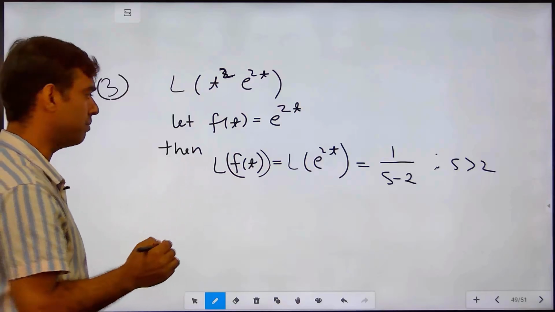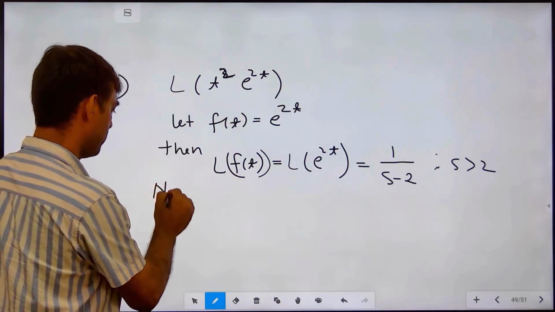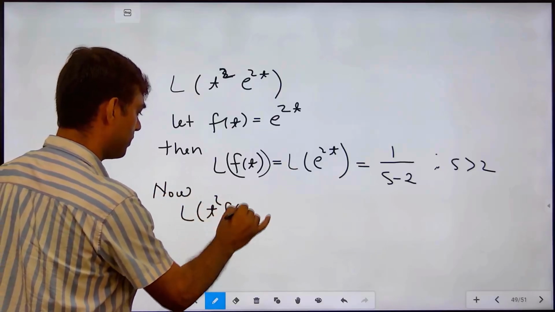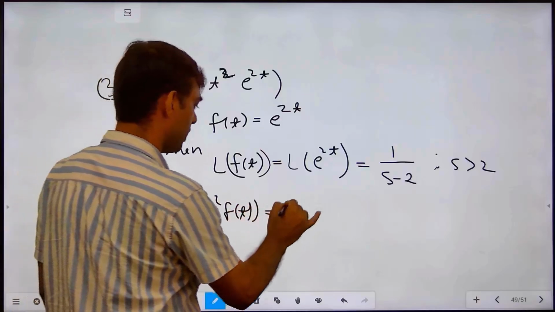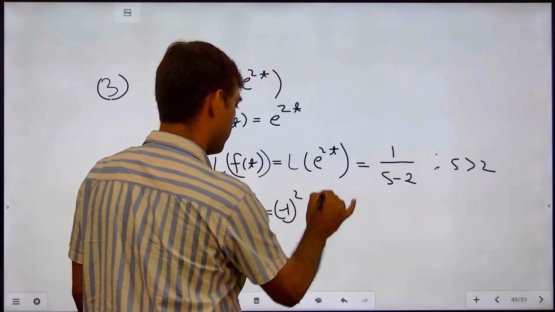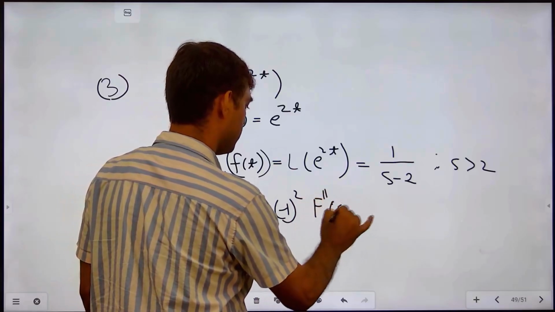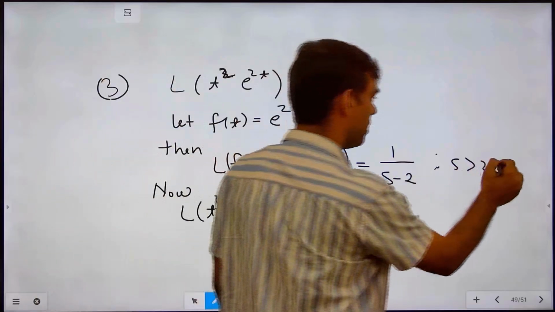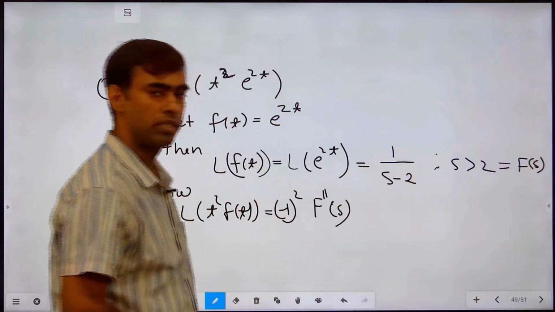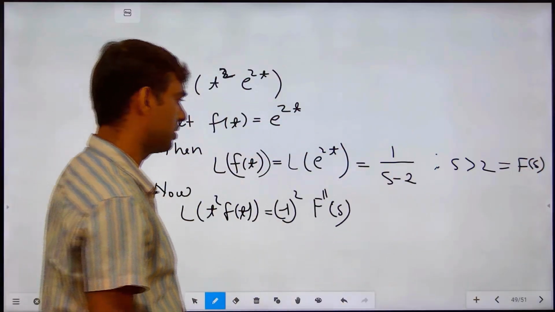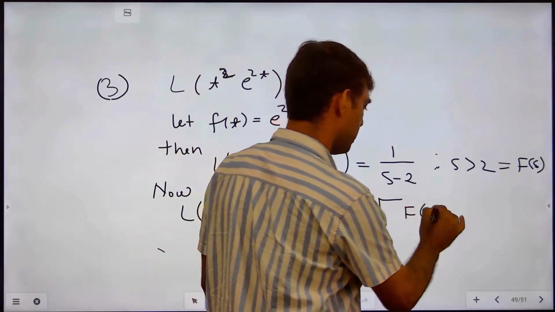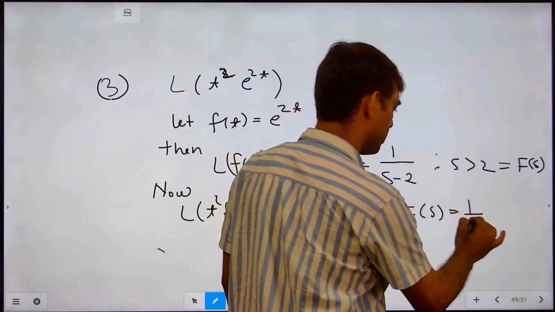Now using the multiplicative property, the Laplace transform for t squared f(t) equals minus 1 to the power 2 F double dash s. F double dash s means we differentiate this function F(s) two times. Here F(s) is 1 upon s minus 2.